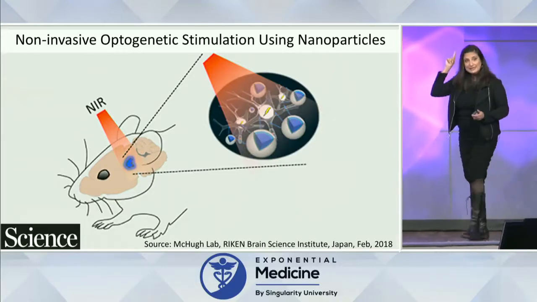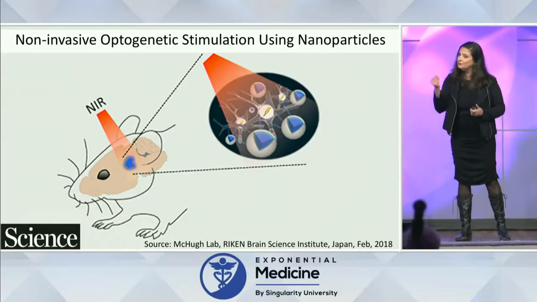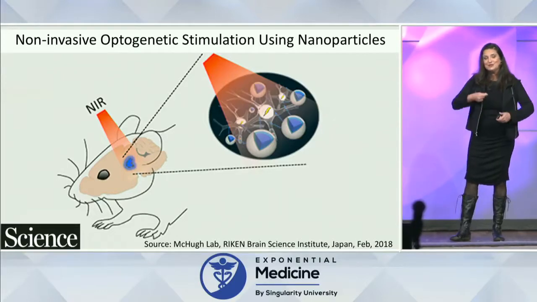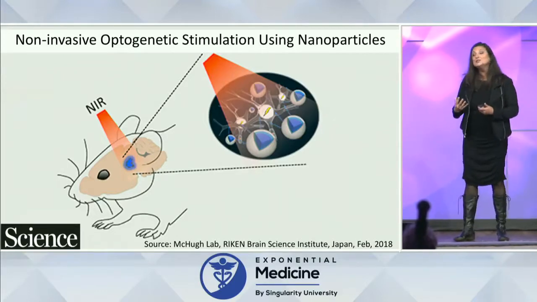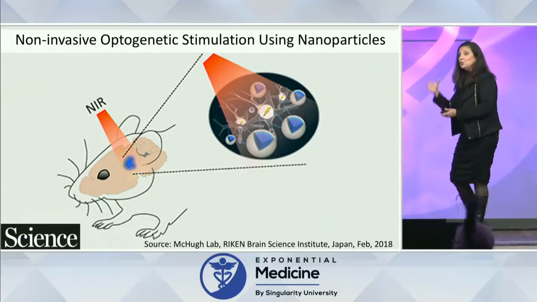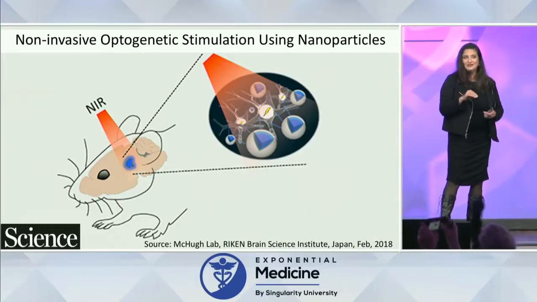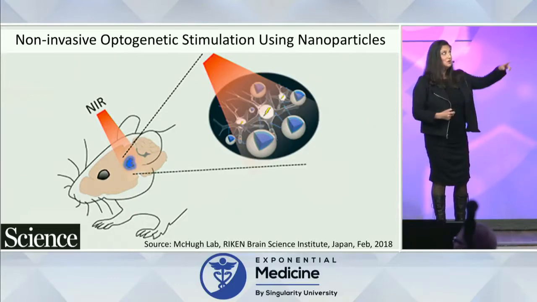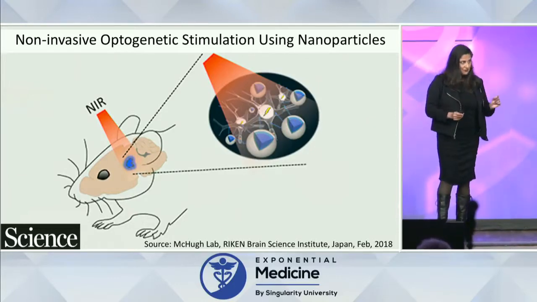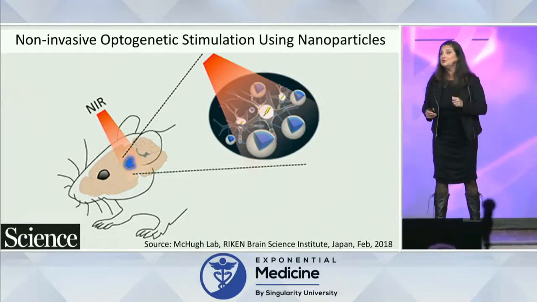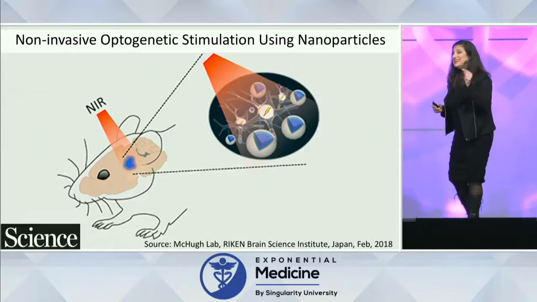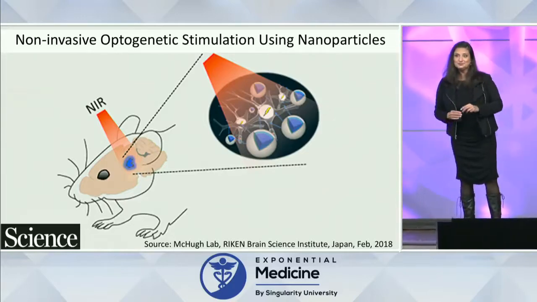And what happens is that these nanoparticles take infrared light, and they upscale it, and they turn it into blue light, which can now directly modulate those protein channels that have been infecting these neurons. So you have a new way of specifically controlling neural circuits within the brain using infrared from outside.